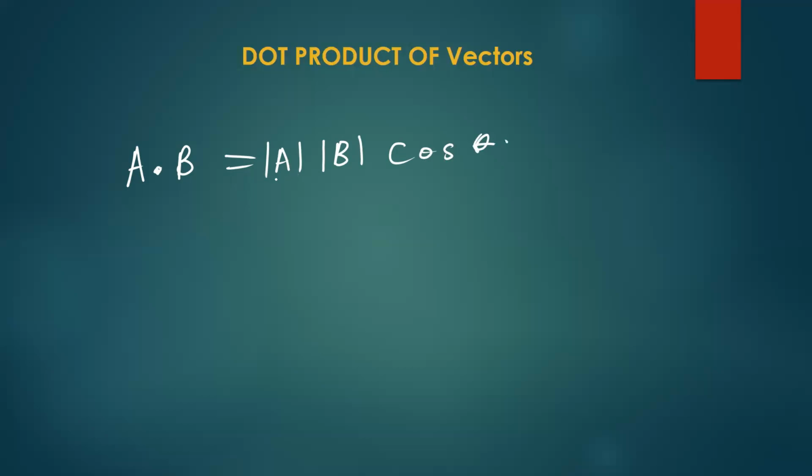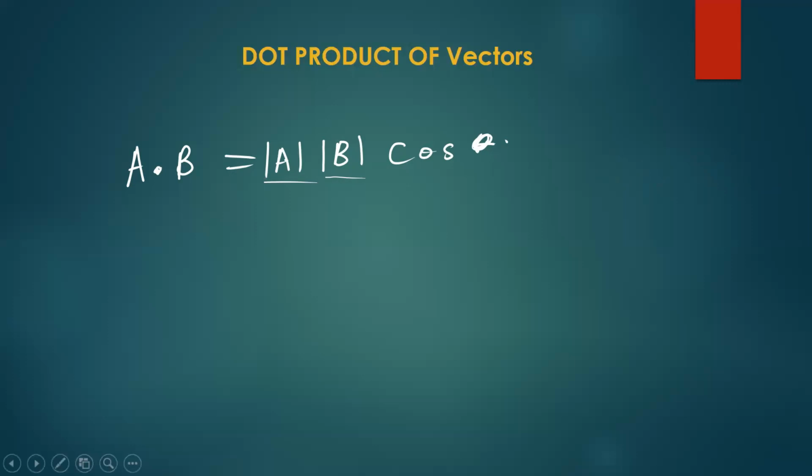You find the magnitude of A and the magnitude of B, and then you multiply it with the cosine of the angle theta, and this theta is just the angle between 0 and 180 degrees, meaning we're talking about the first and the second quadrant. This is what we know as the dot product, and this is what we're going to apply to solve questions. It's as simple as you are seeing it right now.